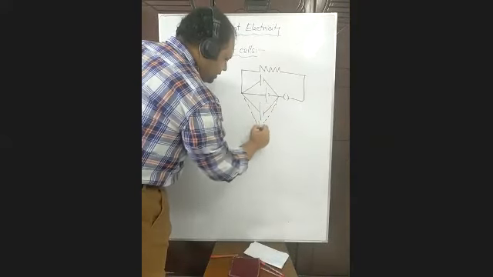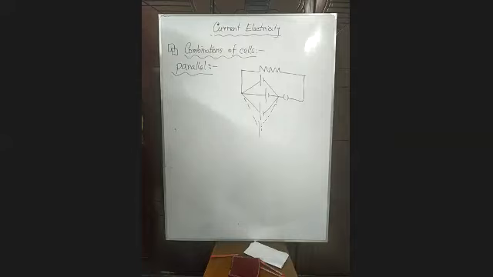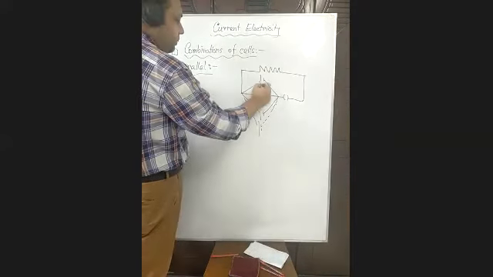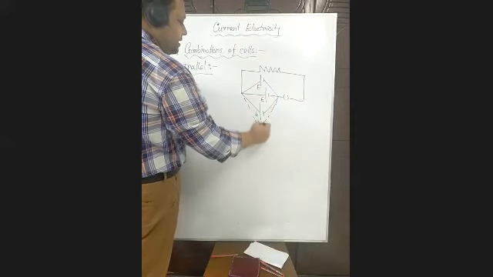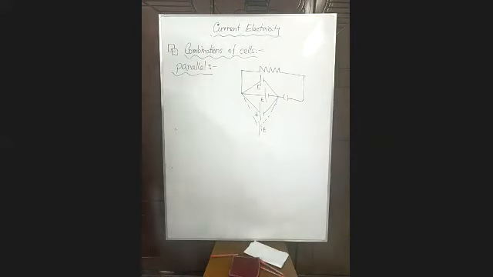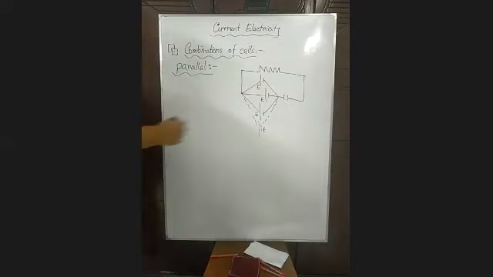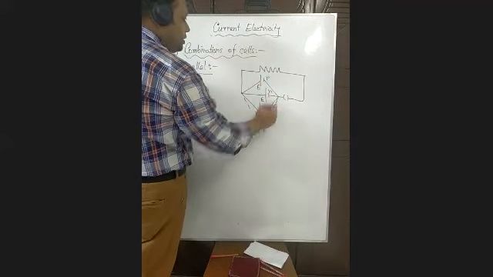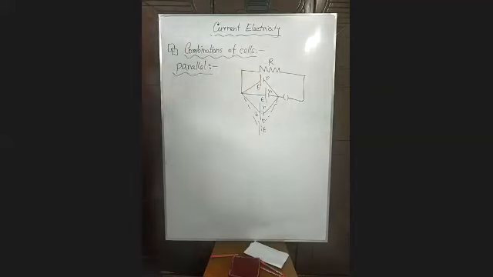So this is the parallel combination in which I am drawing all the electromotive forces, or the batteries, or the cells in parallel combination. So this is the diagram. First, you should draw it, the diagram of parallel combination of cells.